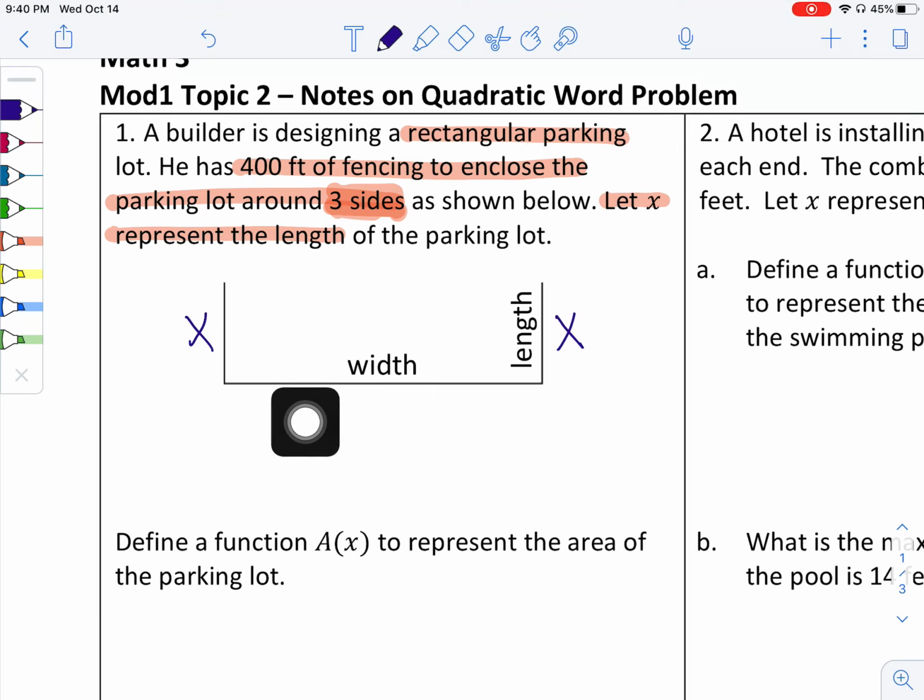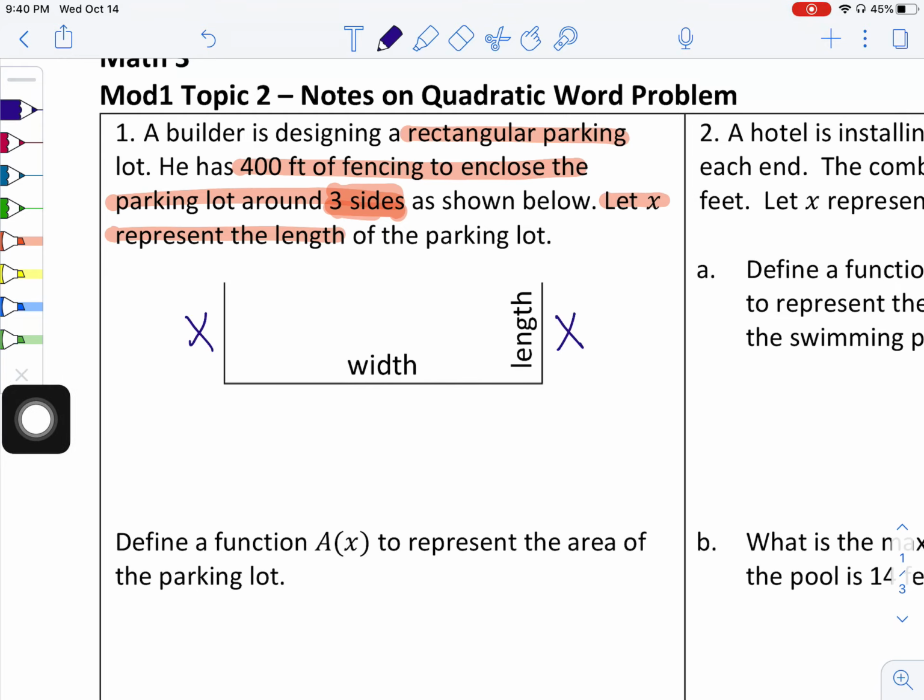And I can't call it X because I don't know if it's the same as the length. What I do know, though, is I have 400 total feet of fencing. So I can't call this 400 because then I wouldn't have any fence for the length.